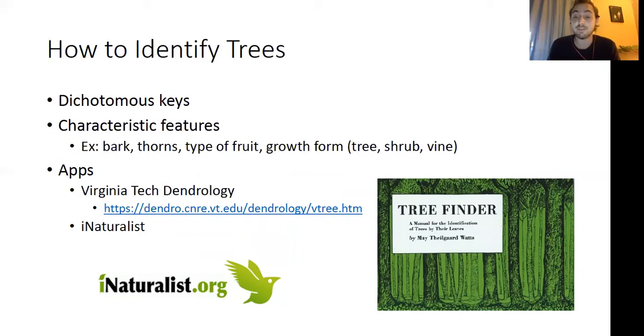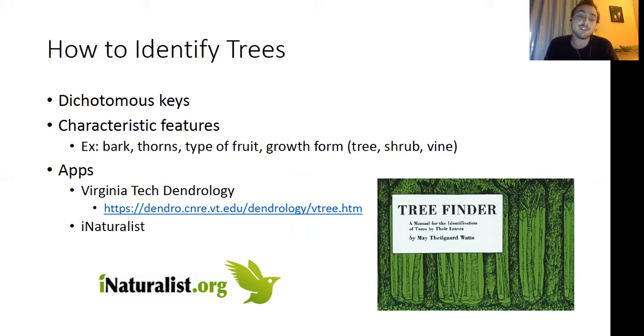Apps have become very useful in doing this as well, where you don't have to have a book on you, just your smartphone. You take a picture, and with iNaturalist, you can upload it to this app, and an advanced learning system can help you identify it. It has done very well over the past few years of practicing identification, but it's always good to double check what it is suggesting to you.